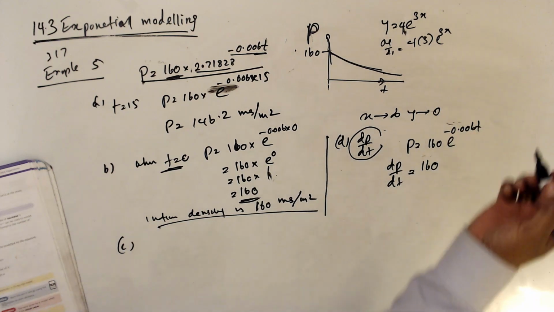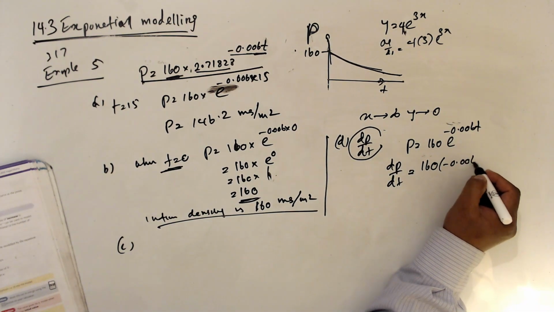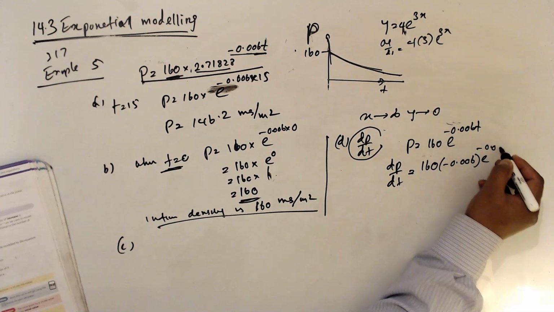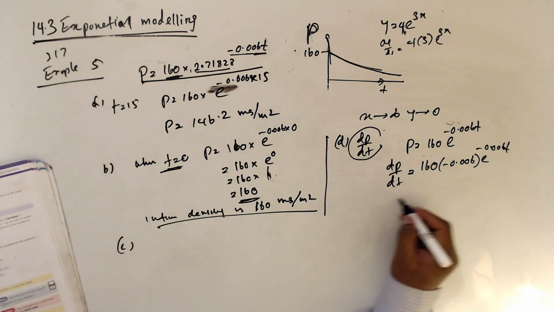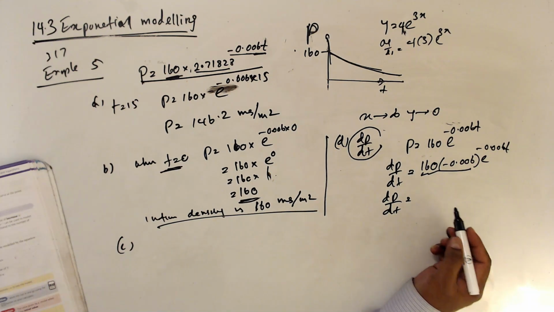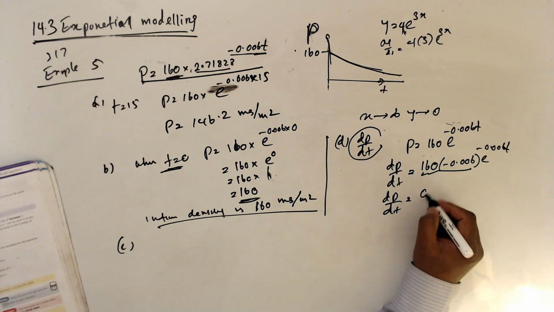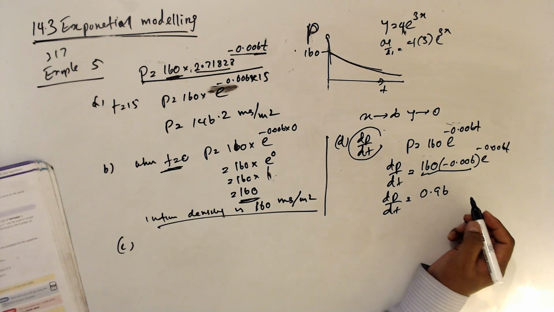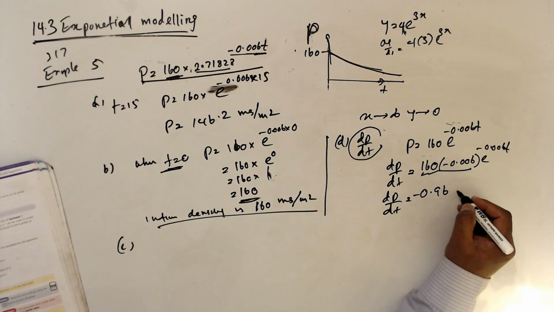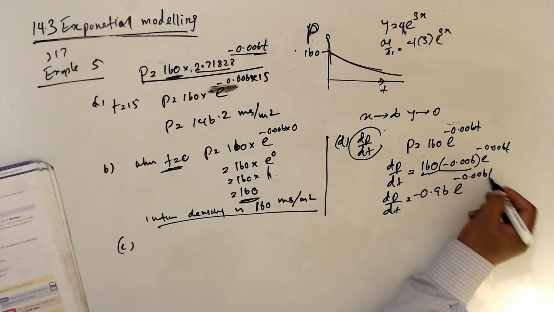So the same thing. So 160, then this is minus 0.006 times e to the power minus 0.006t. So dP over dt means multiplication of this value. So you will get minus 0.96 e to the power minus 0.006t.